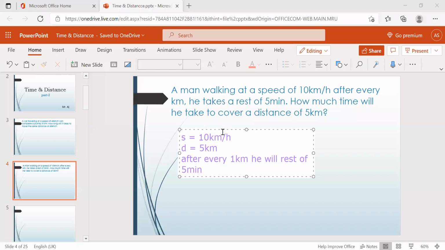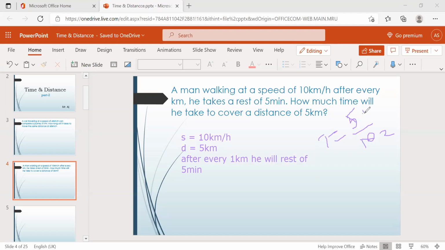So just simple. What's the time formula? Time equals distance by speed. What is the distance? 5 by speed, 10 kilometers per hour. Just cancel this, 1 by 2 hour.